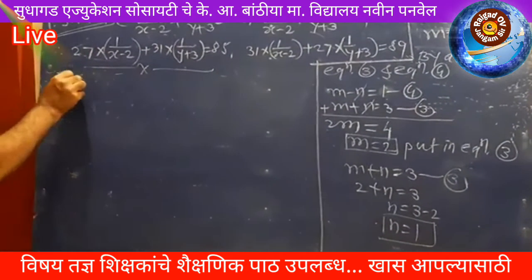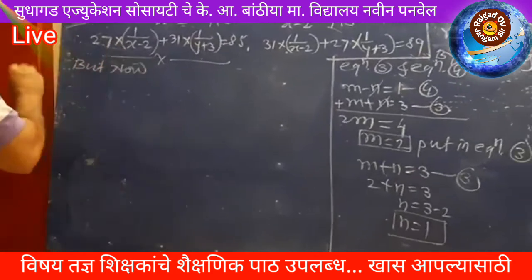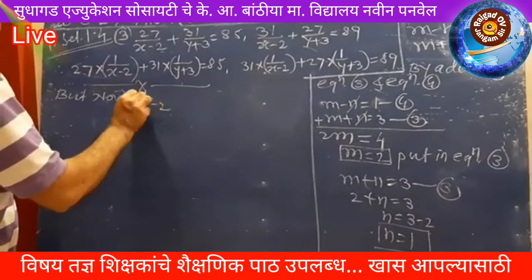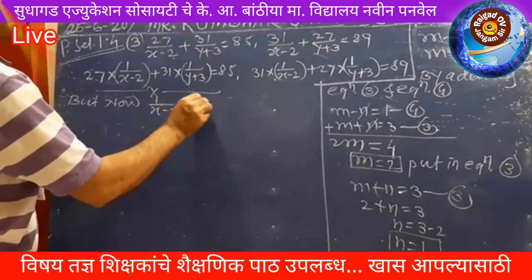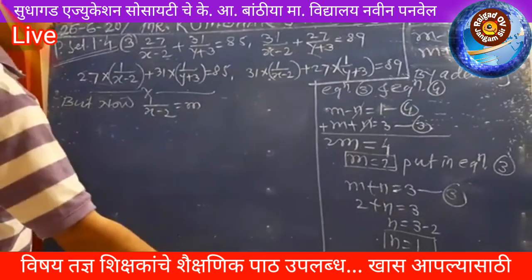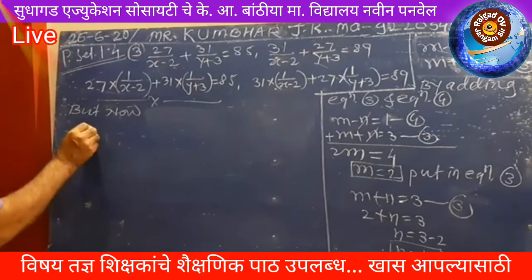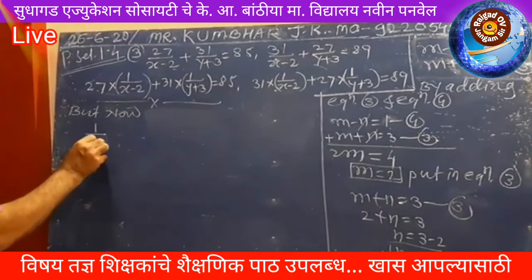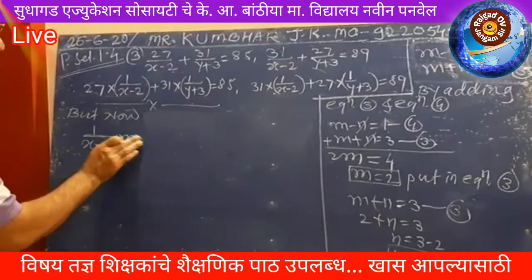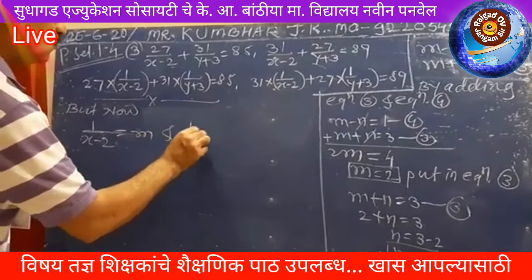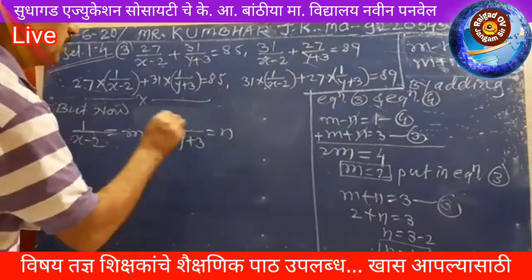Now 1 upon x minus 2 is equal to m, and 1 upon y plus 3 is equal to n.